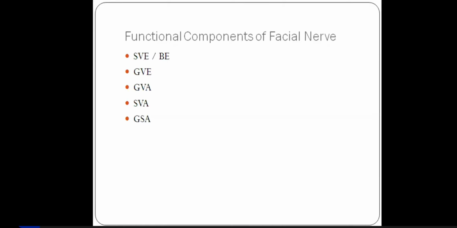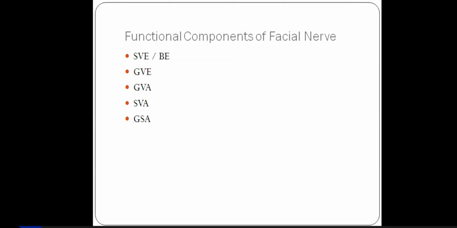That includes posterior digastric and stylohyoid, right? And even remember the muscles of the scalp also, that is occipitofrontalis. So muscles of the face, muscles of the scalp, and the 2 muscles which help in elevating the hyoid bone. These are the muscles derived from and innervated by facial nerve.